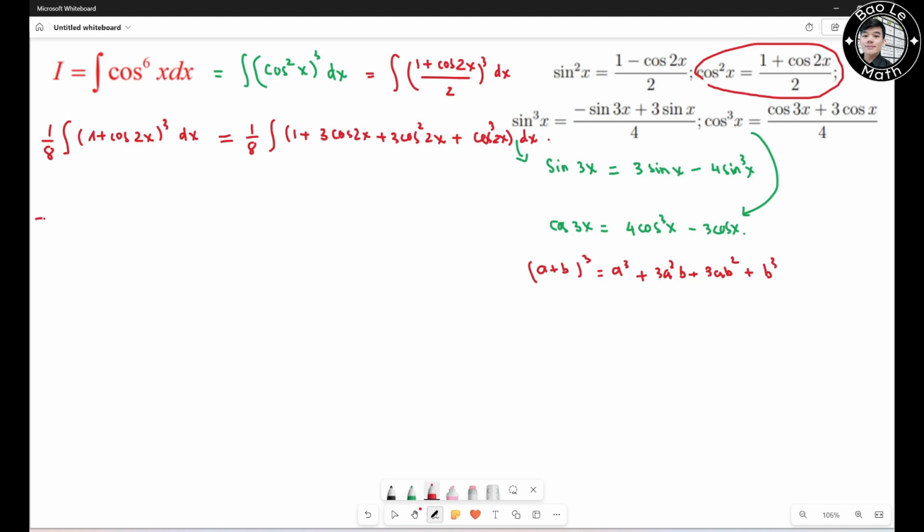Next one, I just rewrite 1/8 times the integral of 1 plus 3 cosine 2s. Alright, now this one right here, I'm going to use the half angle formula again.